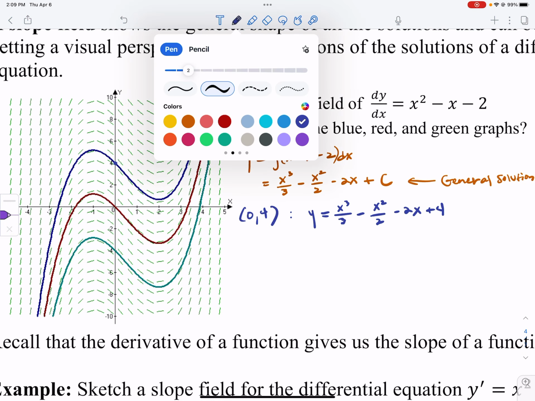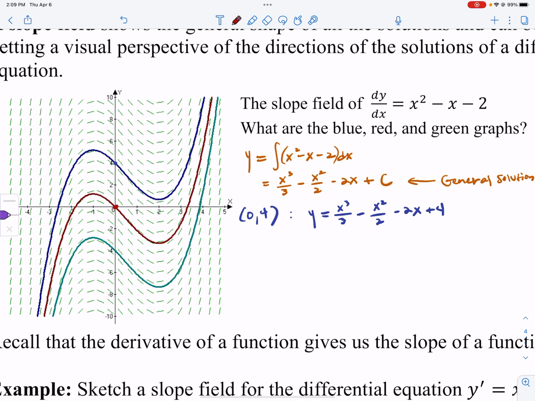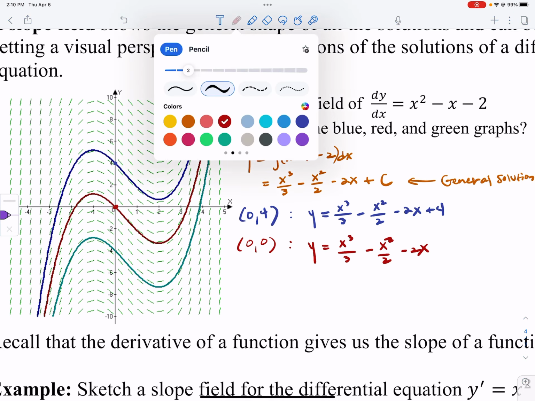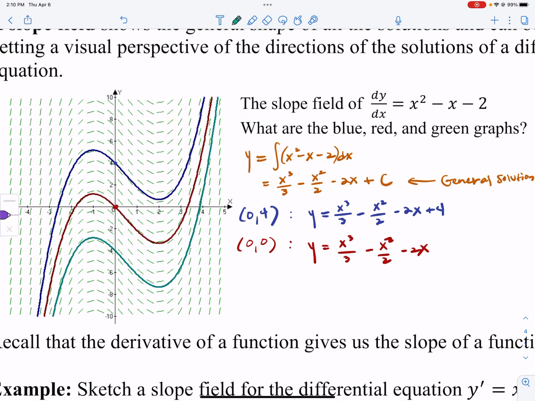And the red graph, it looks like, passes through the origin. So x equals 0, y equals 0 could be thought of as the initial condition there, which means that c would be equal to 0. So x cubed over 3 minus x squared over 2 minus 2x would be the particular solution that passes through (0, 0). And then the green graph looks like it passes through (0, -4), meaning c would be -4.